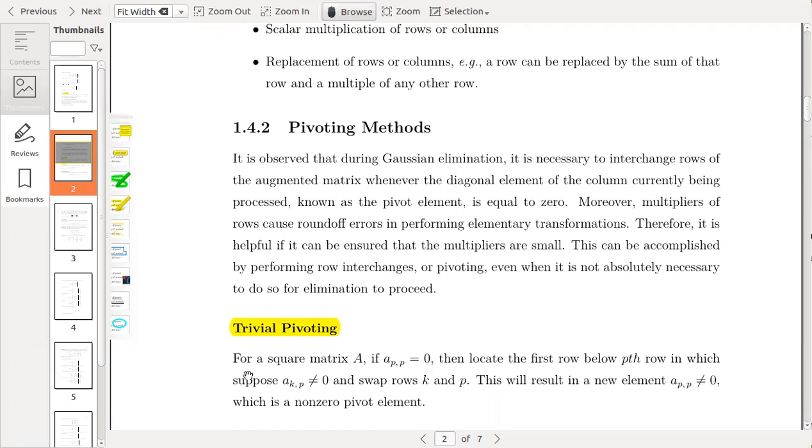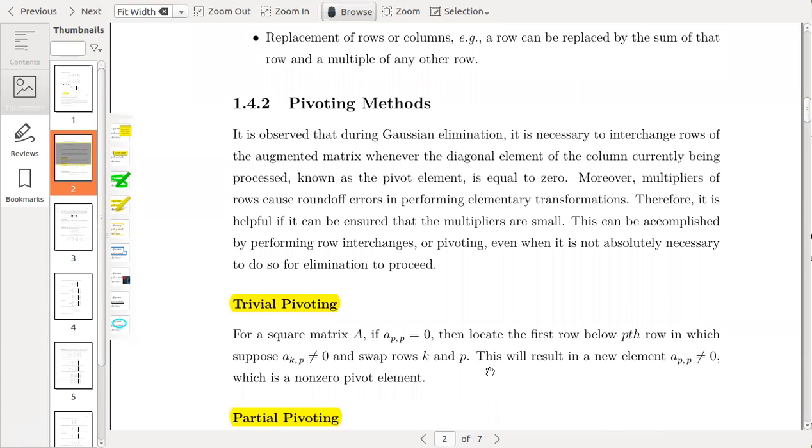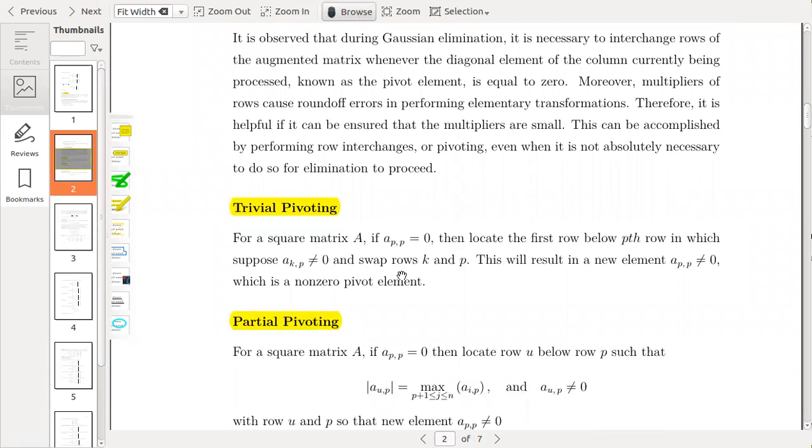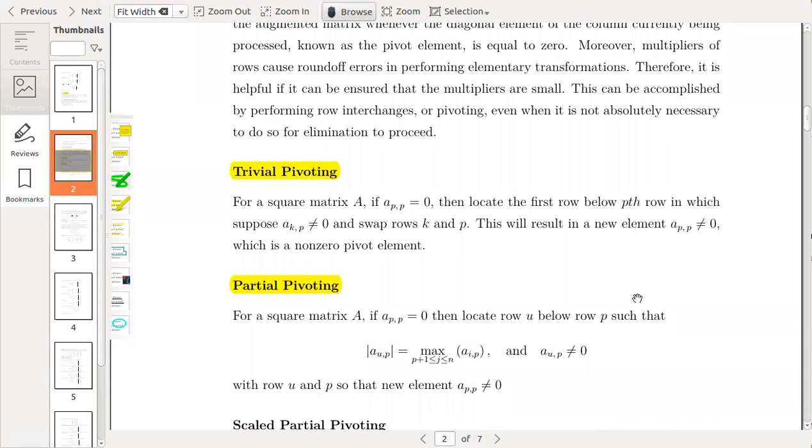In the same way, for a square matrix A, if the diagonal entry a_pp is equal to 0, then we will locate the first row k below the pth row in which the entry is not equal to 0, and we will swap row k with row p. This will result in a new element a_pp not equal to 0, which will be the new diagonal entry. So in trivial pivoting, we simply interchange the rows to avoid a 0 element on the diagonal.